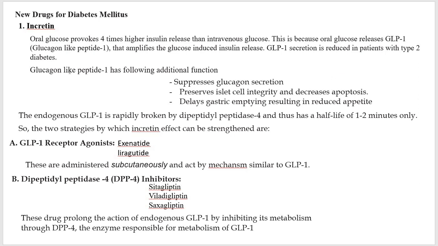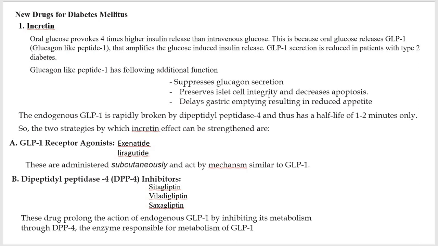Okay, so glucagon like peptide 1 has additional functions. Along with that insulin release, it suppresses the glucagon secretion, prevents islet cell integrity loss and decreases apoptosis, and delays gastric emptying, resulting in reduced appetite.